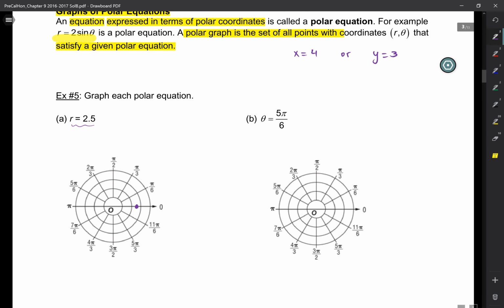What about this one? 1, 2, 2.5. Does that work too? What about this one? Yeah, what is this going to turn out to be? This is going to be a circle, right? If I put in all of the points that satisfy r equals 2.5, it maps out a circle. Okay?